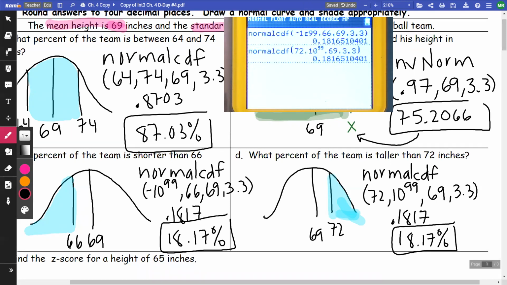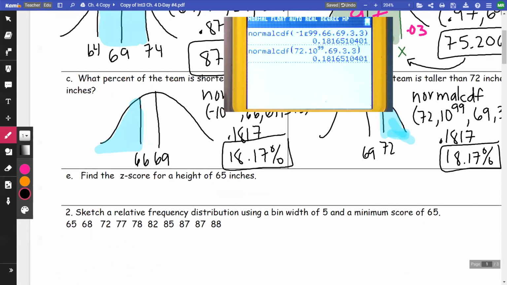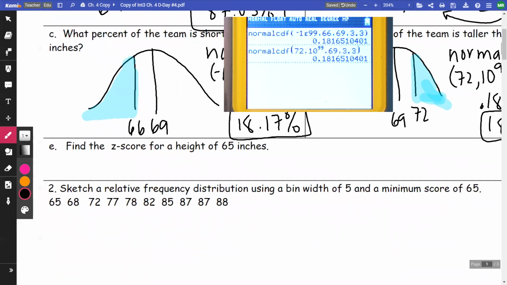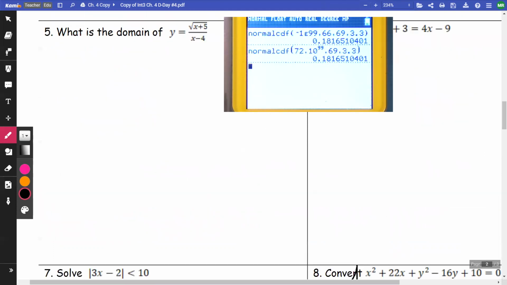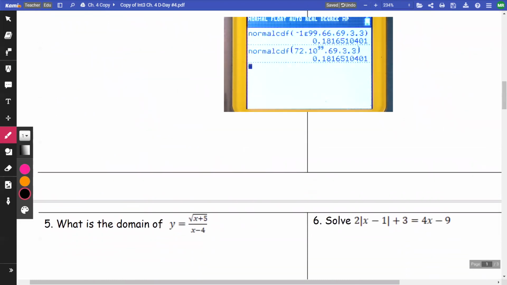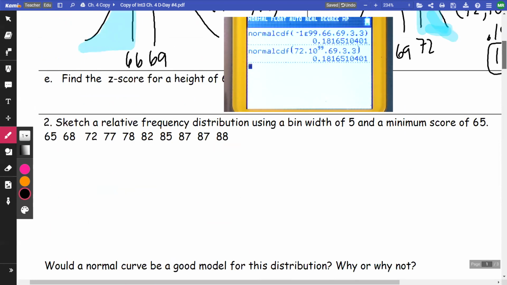Okay, next problem. Find the z-score for a height of 65. So for the z-score, we want to figure out how far off we are from the mean in terms of standard deviations. So I am going to take 65, which is the value we want the z-score for, and subtract it from our mean.